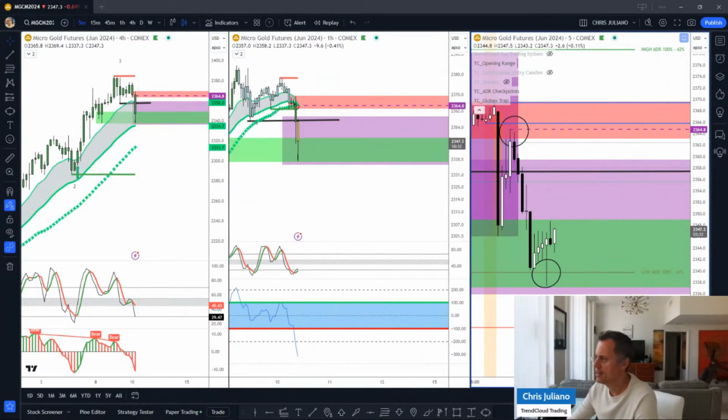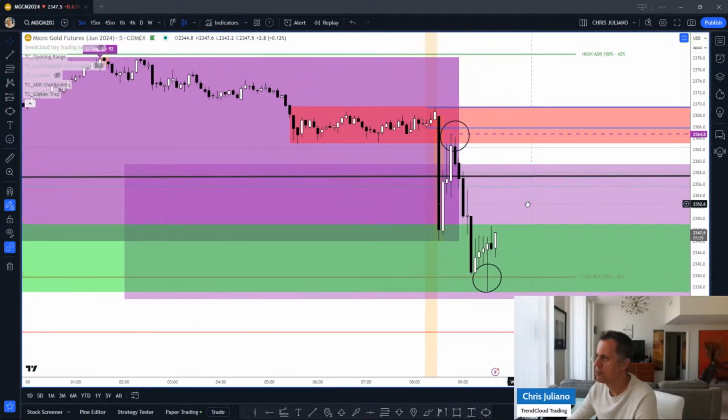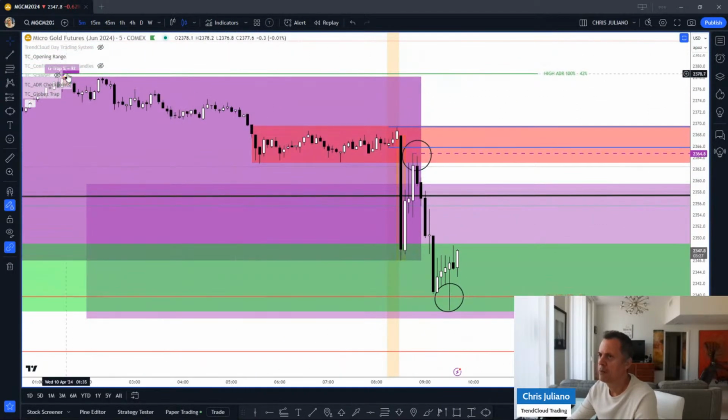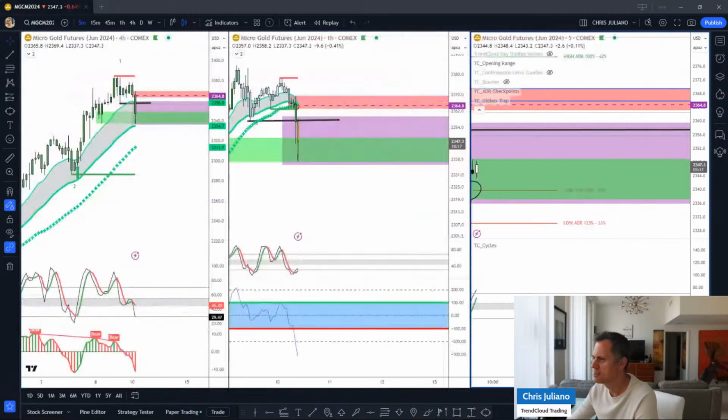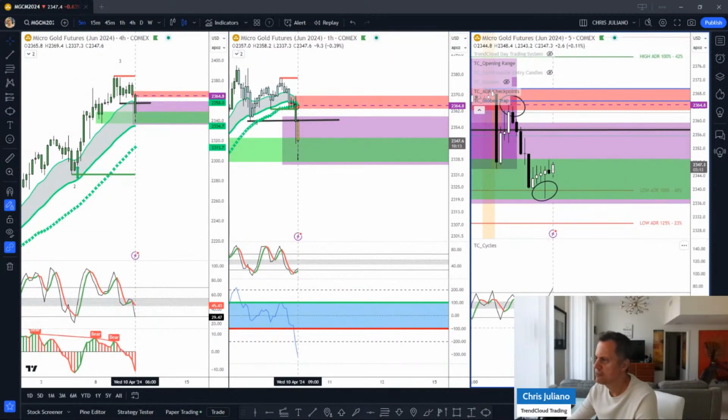Remember, guys, this is the 5-minute chart. Very interesting, right? So this looks good, but we're not ready to take this trade because of all the downward momentum. Here's the first cycle up. What we need to see now, this has to cycle back down and do something like that.